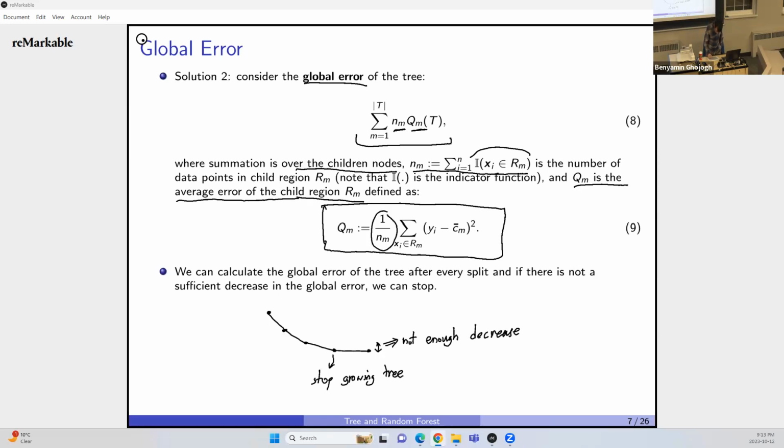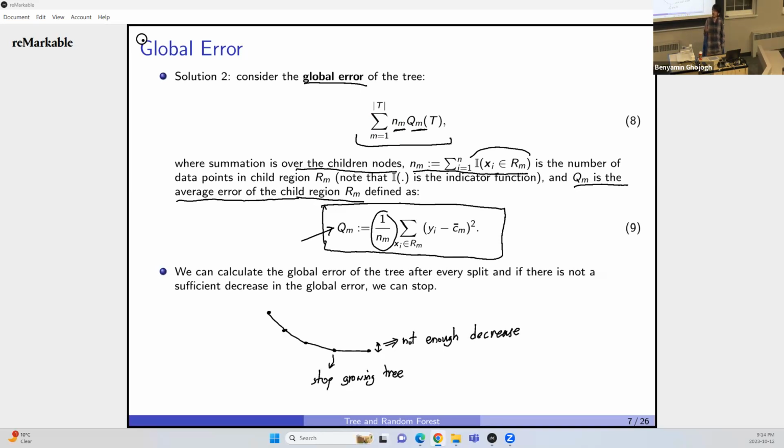Now I use that mean squared error divided by N_m because I want it to be mean, average, right? This gives me Q_m. Do I want Q_m to be small or large? Small. I want it to be that. So I say summation of N_m Q_m. Basically, that's the summation of mean squared errors of the regions, but I scale them by N_m. Okay? To be fair between the partitions.